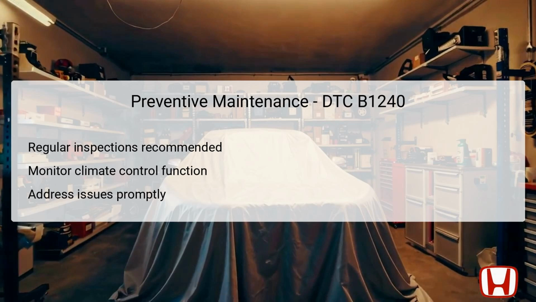Furthermore, addressing any emerging issues promptly can contribute to the longevity of the system and occupant comfort. Implementing these preventive measures not only enhances reliability, but also helps avoid more costly repairs in the future. Keeping records of inspections can provide further insights into maintenance practices and vehicle history.